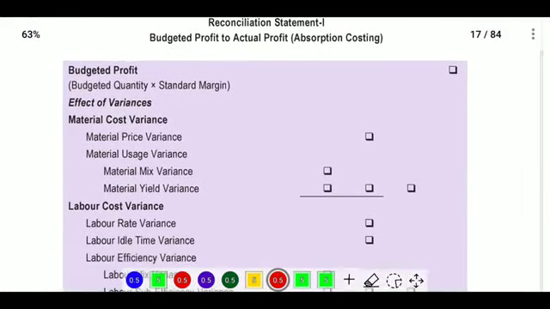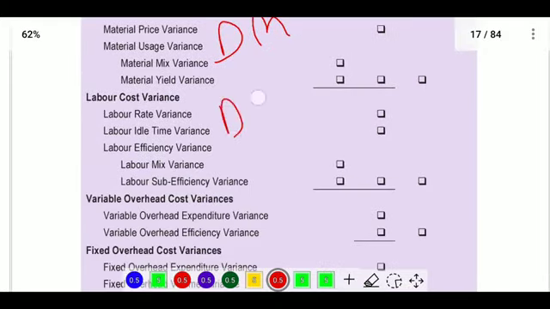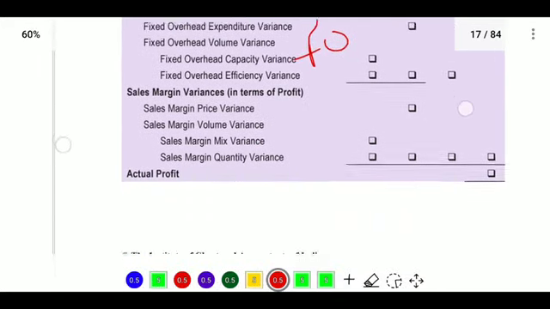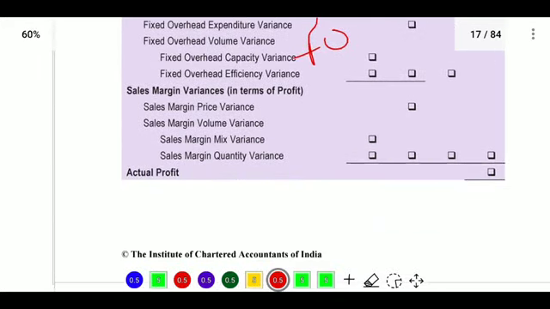In absorption costing, what do we take first? If you see the cost statement, what is there in it? First of all, direct material, direct labor, and overheads and fixed overheads, and then administration and selling and distribution.